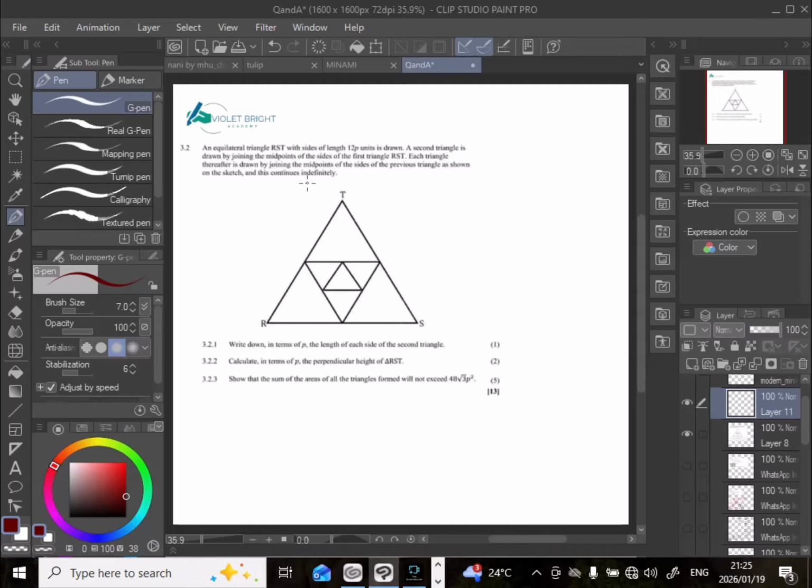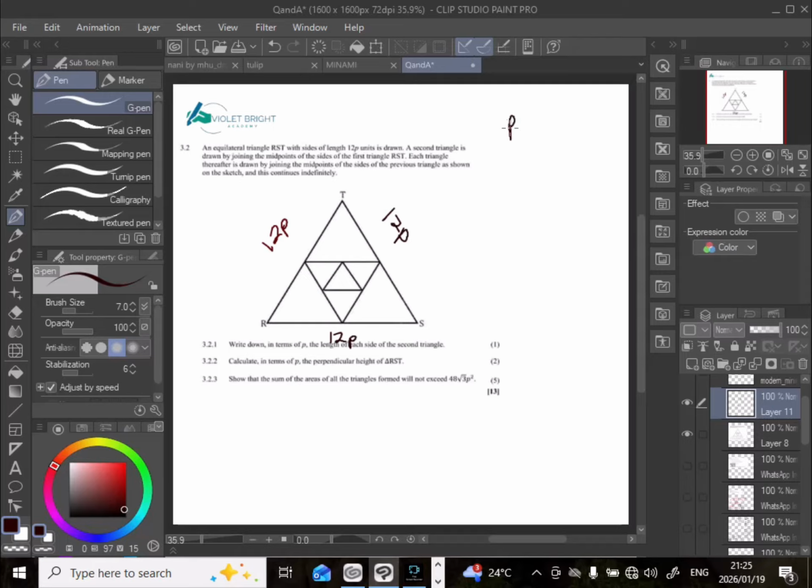So hence I said it's a normal problem, but they don't bring things to you in the normal way that you are used to. So we know if this is an equilateral triangle, every side here we have 12p, we have 12p, we have 12p on every single side.